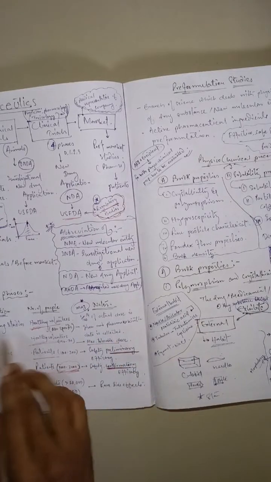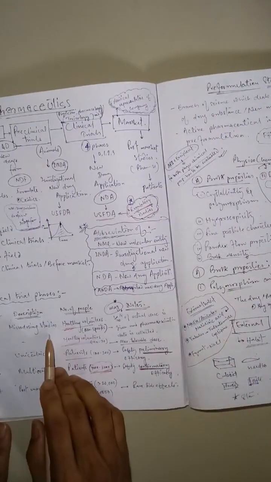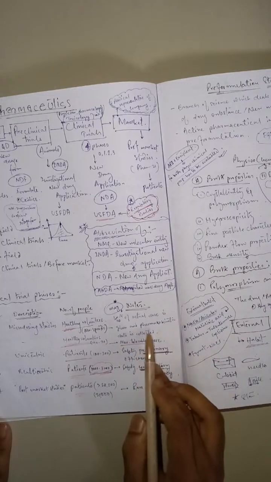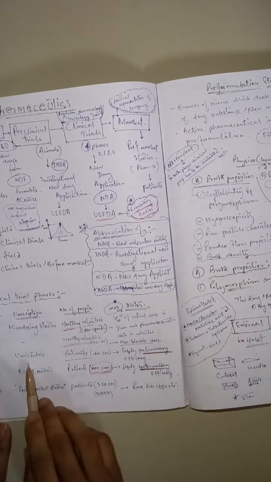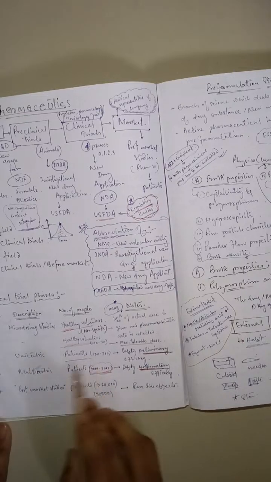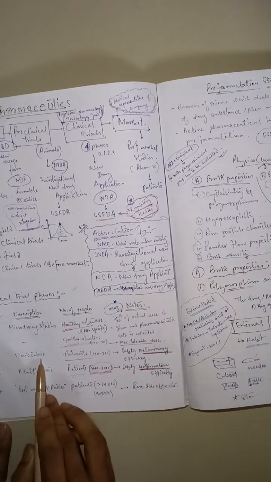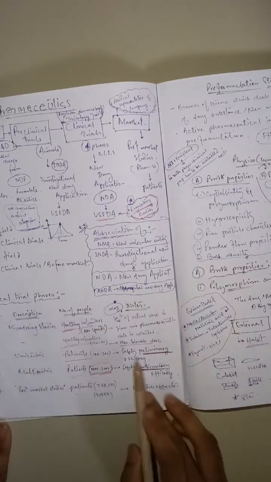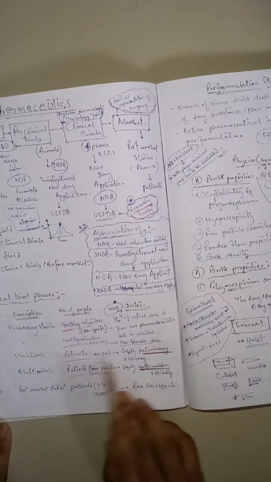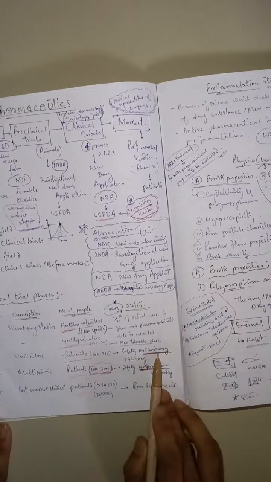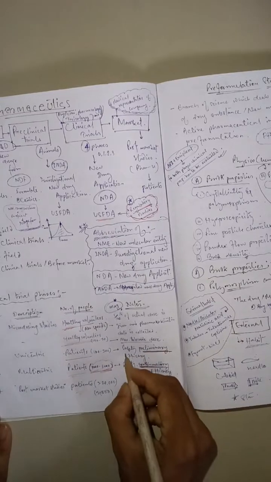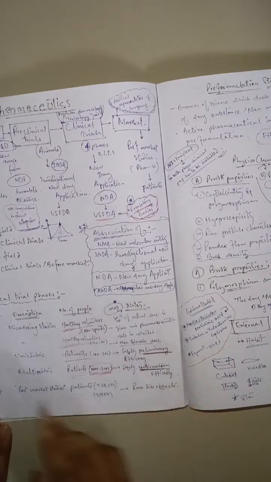microdosing studies, and microdosing studies give us the pharmacokinetic data of the drug. Next, unicentric studies. Unicentric studies will be done on 100 to 300 patients, at one center or one health center, and this study is called safety and preliminary efficacy. Next, multicentric.